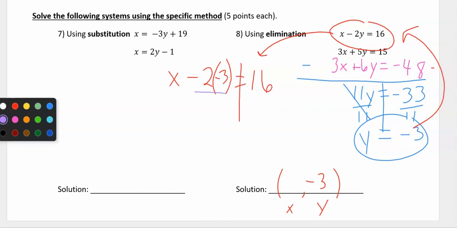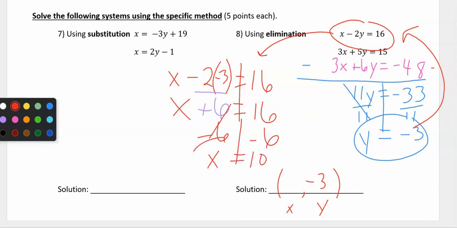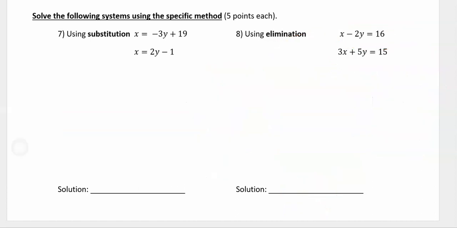I'm going to do -2 times -3, which is +6. Then x plus 6 equals 16. Be careful with that multiplying. And then I'm just going to subtract that 6 over, and I have x by itself. So x is 10. So my answer is (10, -3).